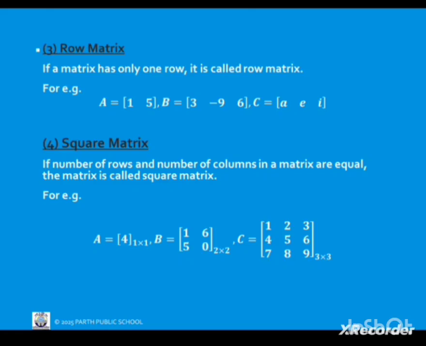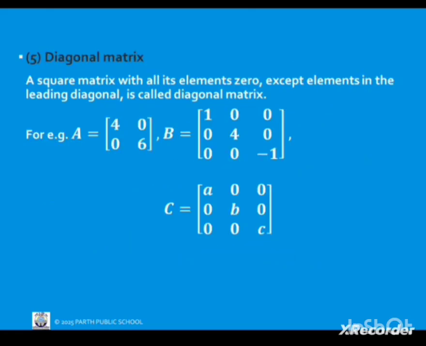Fourth is the square matrix. If the number of rows and the number of columns are equal, it means same rows and same columns: 2 rows, 2 columns; 3 rows, 3 columns; 1 row, 1 column. This is called the square matrix, in which the number of rows and columns are equal. Type 5, diagonal matrix.